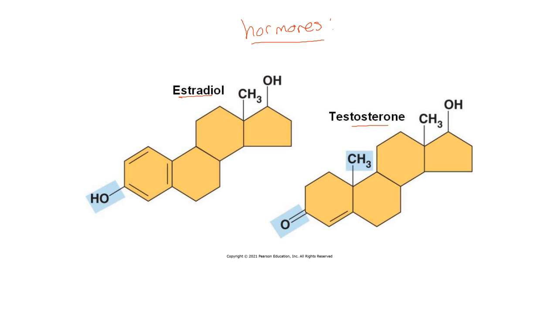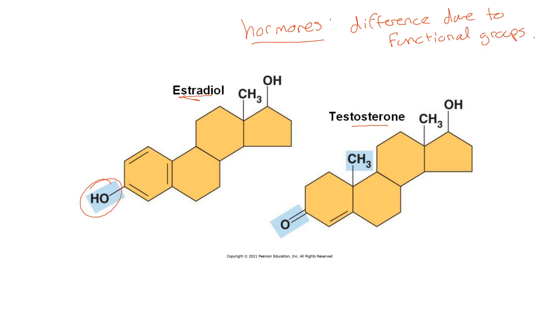What makes them different is probably going to have to do with the functional groups. So I'm going to say difference due to functional groups. Even though they may look very similar, they have extremely different properties.